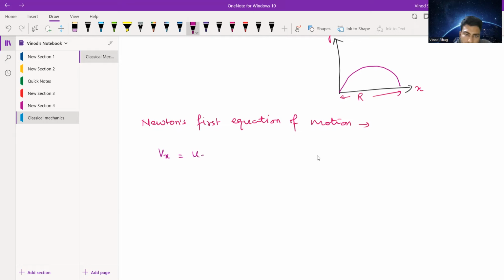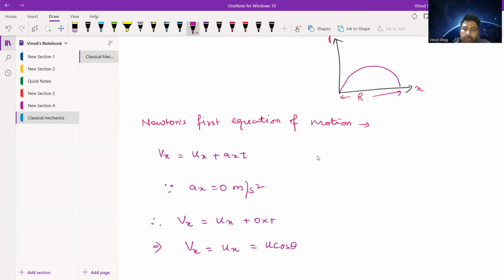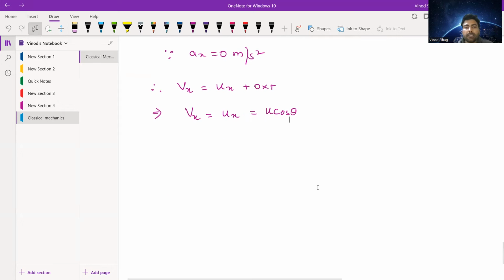Vx equals ux plus ax into t. Since we know that ax equals 0 meter per second square, Vx will be ux plus 0 into t, or we can say Vx equals ux equals u cos theta, the x component of the initial velocity.